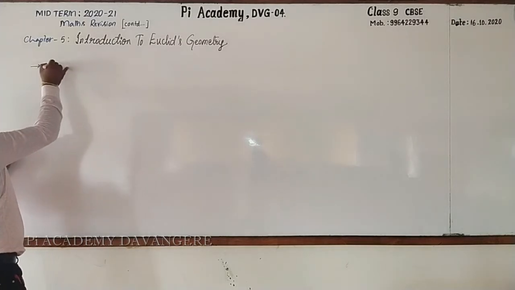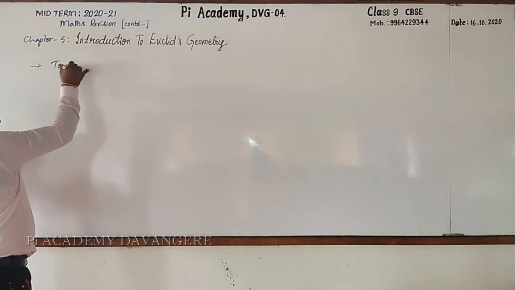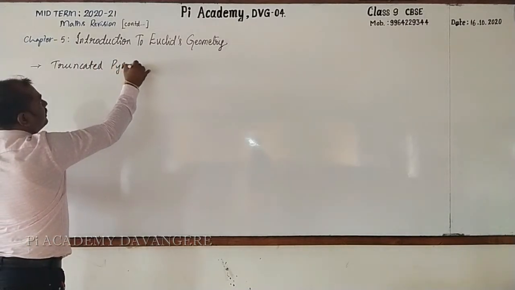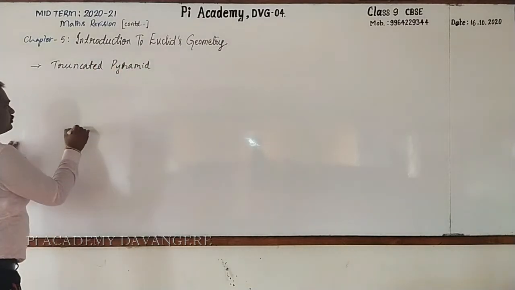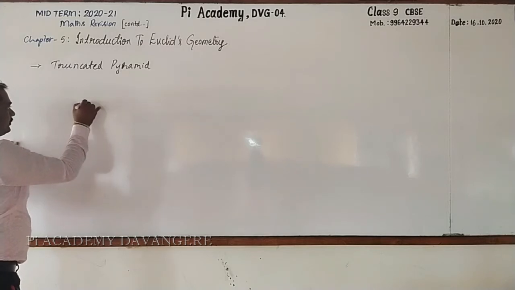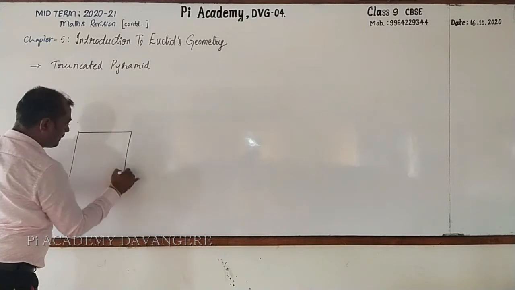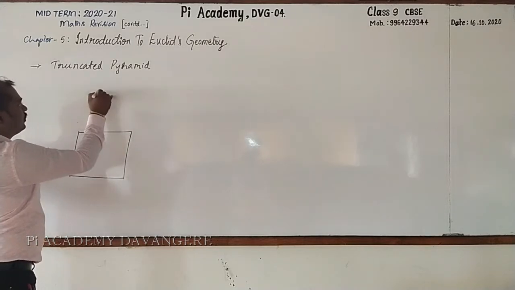Here I am going to draw that. You can also write with me. It is truncated pyramid. You can draw like this. Here is a square. This is square. And go for drawing one more square here.